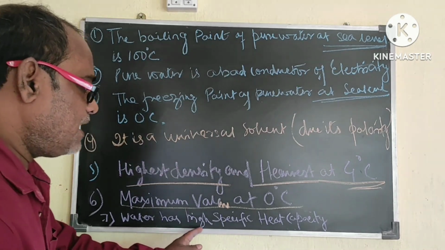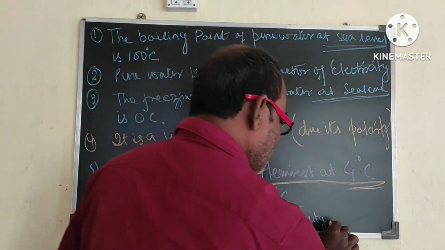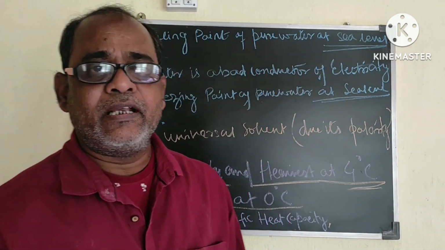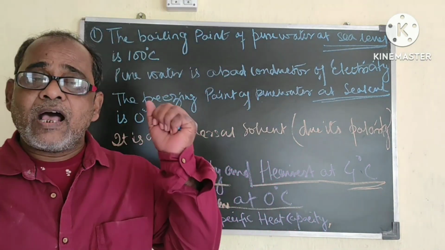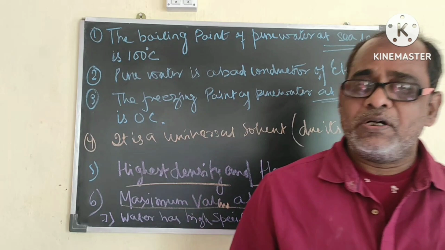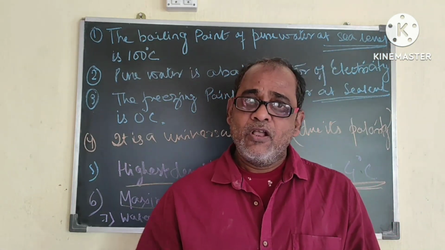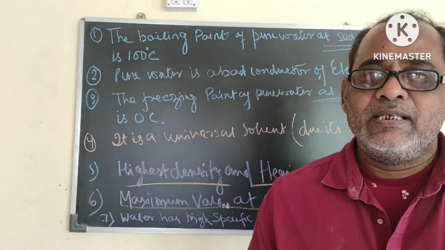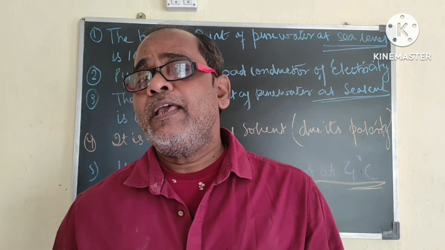The next point is 7. Water has a high specific heat capacity. The meaning of high specific heat capacity of water is that a large amount of heat is required to raise 1 gram of water through 1 degree Celsius, from 14.5 degrees Celsius to 15.5 degrees Celsius.